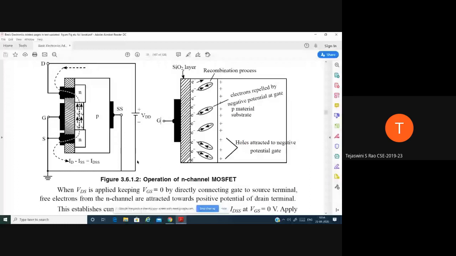Then, the electrons present in the p substrate move towards the electric field in the n channel, and that's why there will be lots of electrons in the n channel, and that will give rise to current. This process is known as the enhancement mode of operation.